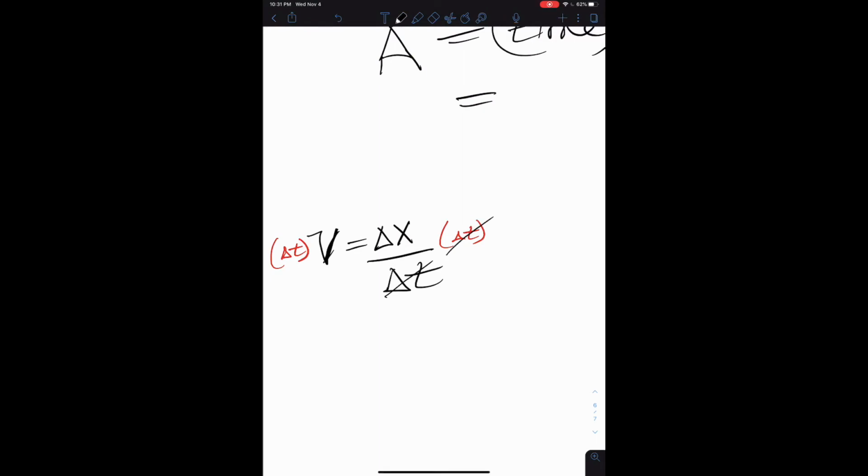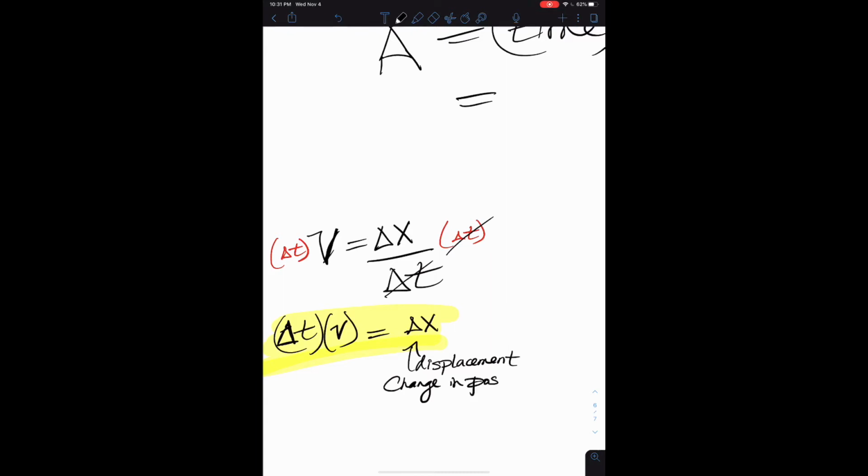And what you can see is that we get this. Delta x is equal to delta t times v. So when you multiply t times v, you get delta x, or displacement. Or you could also call it change in position. So our area tells us change in position.